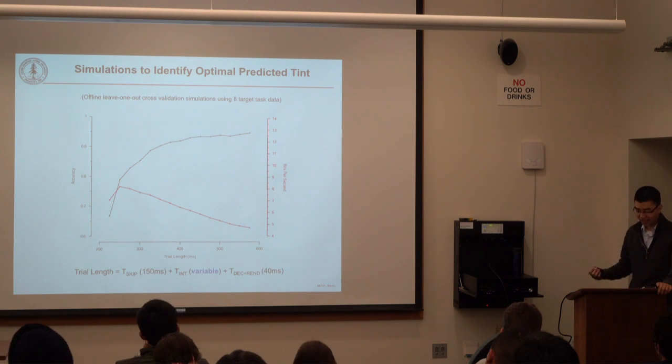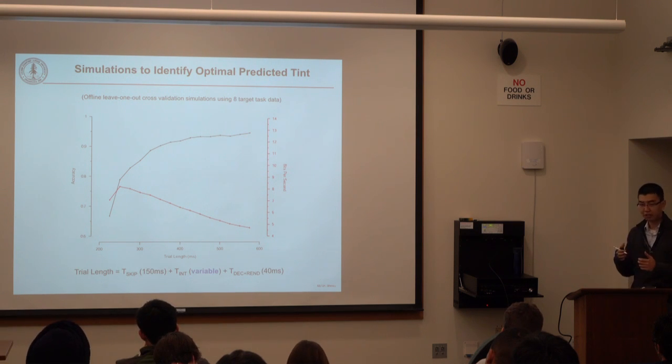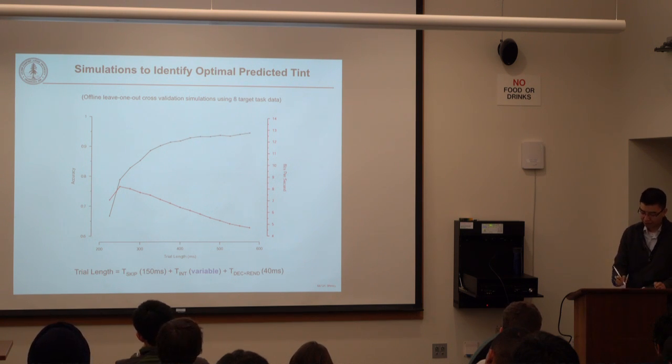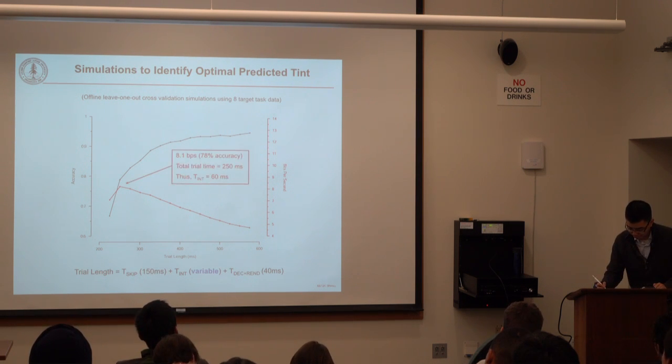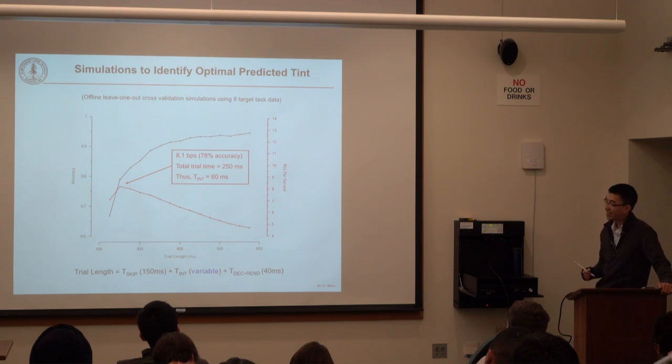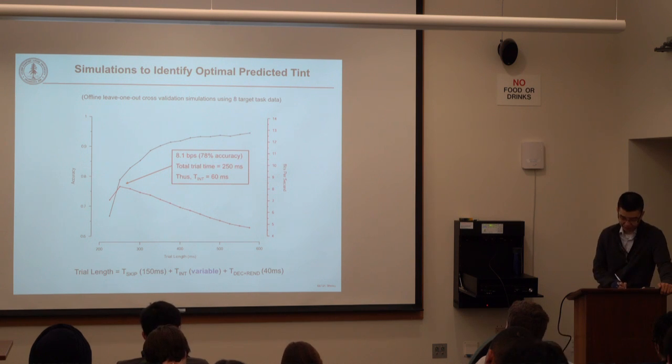It doesn't seem great, but if you're doing that while typing faster, you get a better bit rate than if you were up at 95% and typing slower. This corresponds to a tint of 60 milliseconds, causing the total trial time to be 250 after we add t-skip and t-render.